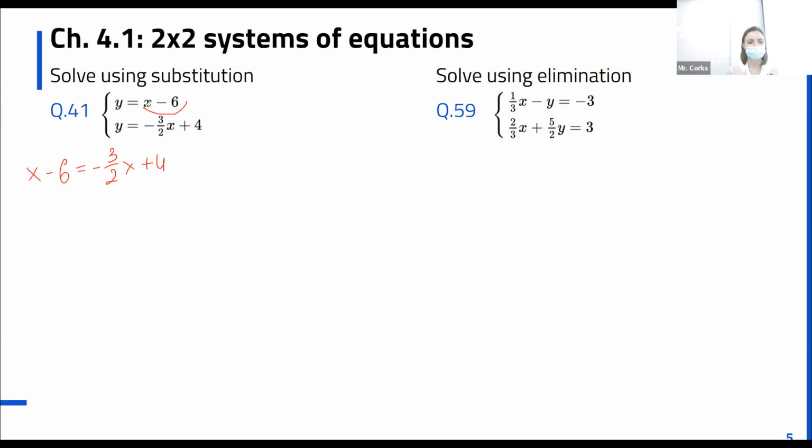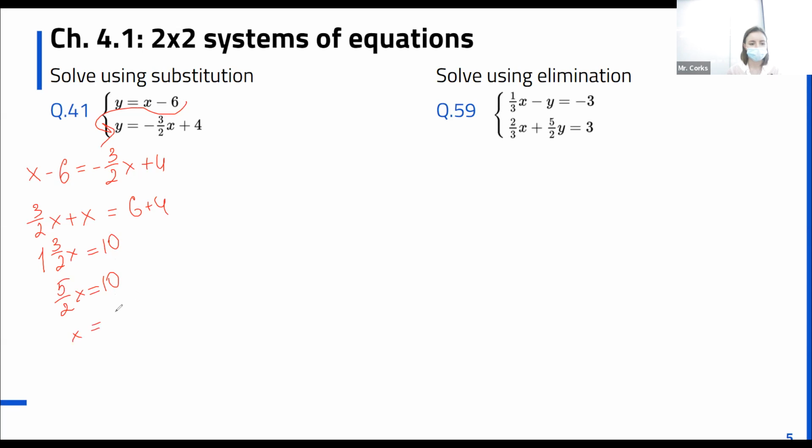So we just use this and put it here. So 3 over 2 x plus x equals 6 plus 4. So 5 over 2 x equals 10.